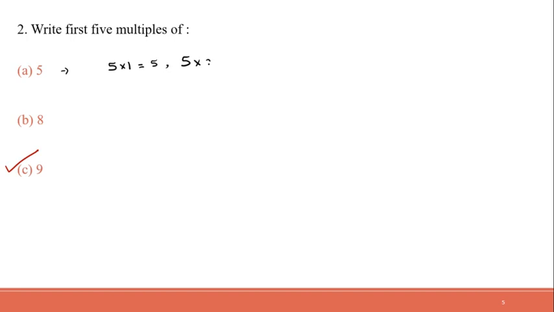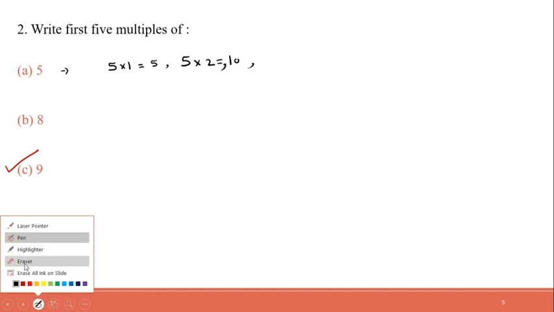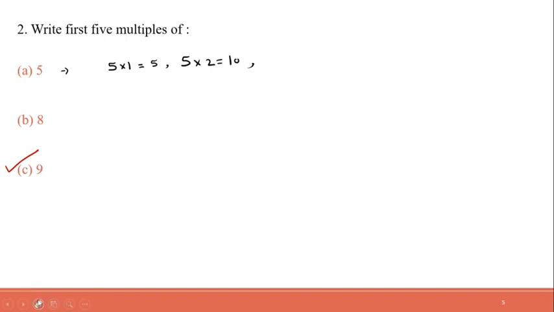Then 5 into 2 is 10. Then 5 into 3, 15. Then 5 into 4, 20. And then 5 into 5, 25.